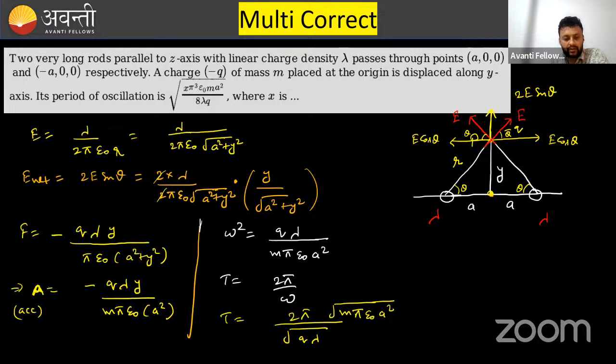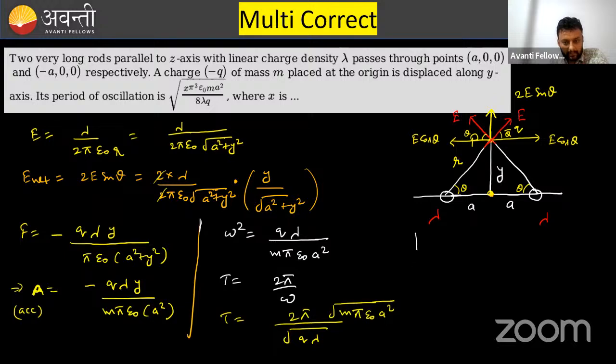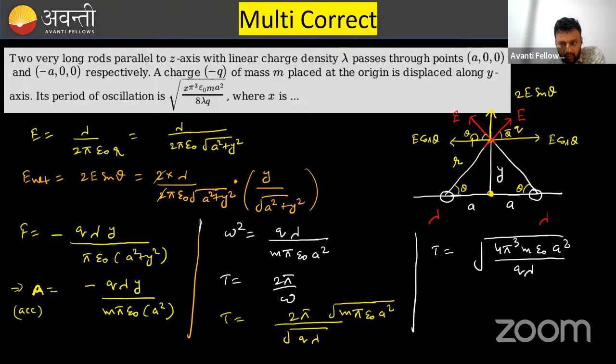So I have to transform it according to it. If I try to transform it, T will be root of 4 pi square will go inside. It will become 4 pi cube, 4 pi cube, m epsilon naught a square divided by q lambda.